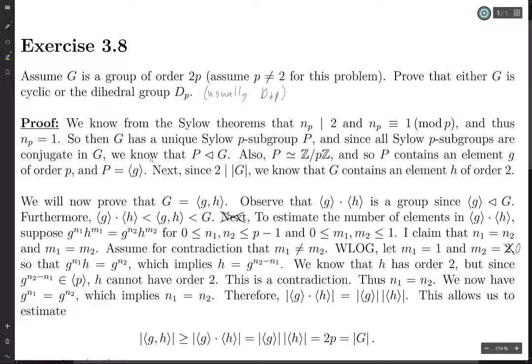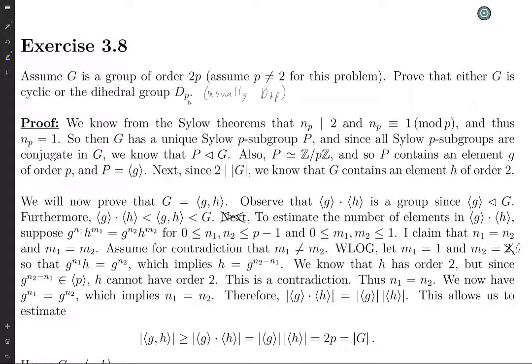So sometimes people will refer to the dihedral group of symmetries of, say, a p-gon, as dp, where p denotes the number of vertices on this polygon.